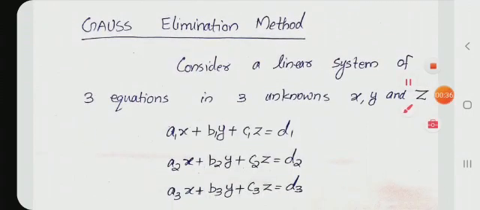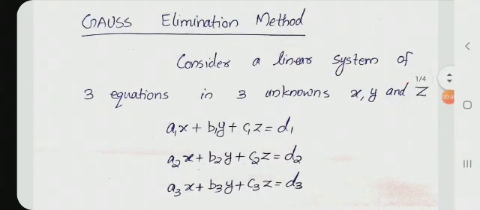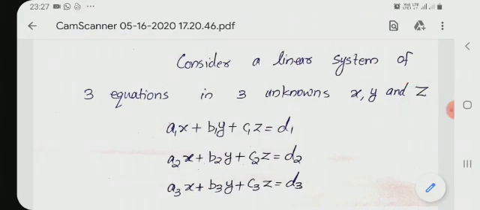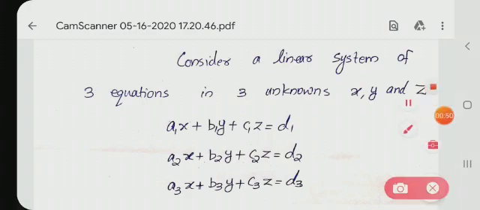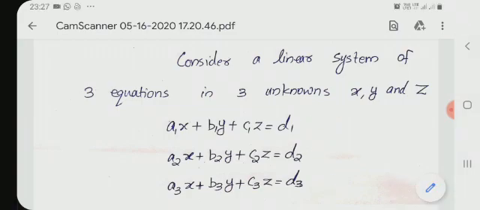Here we consider a linear system of three equations in three unknowns x, y and z. a1x plus b1y plus c1z is equal to d1, a2x plus b2y plus c2z is equal to d2, a3x plus b3y plus c3z is equal to d3.